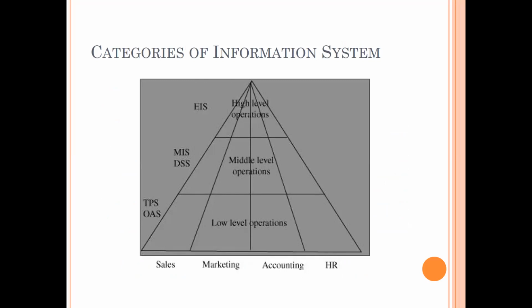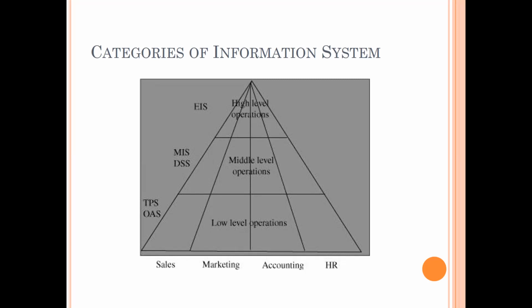Information systems are in categories. We have information systems that are available at the high level for high-level operations, middle-level operations, and low-level operations. This applies to all departments of an organization, be it sales, marketing, accounting, or human resource.